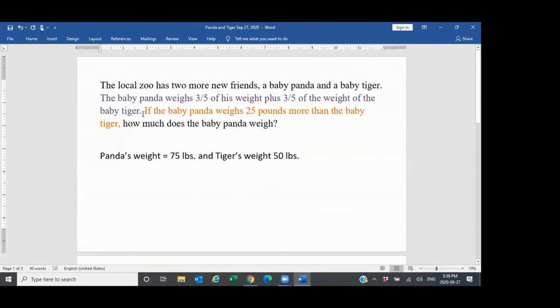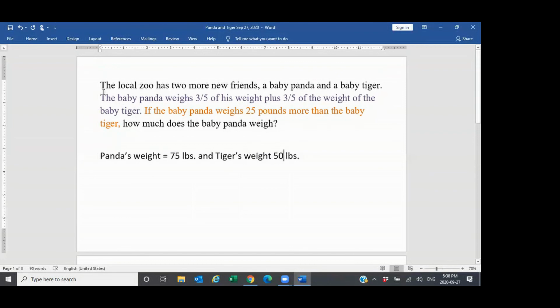Now, the second part of the question, the orange part. We know that the baby panda weighs 25 more pounds than the baby tiger because 75 minus 50 is 25. So the difference between 75 and 50 is 25.